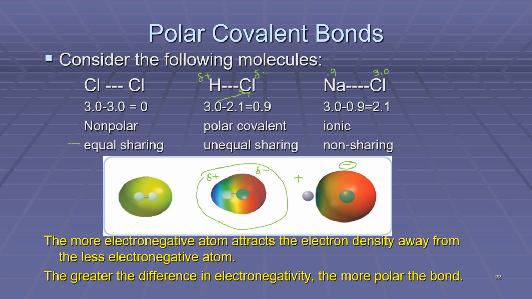So the only reason why they're bonded is because the positive and negative are attracted to each other. There's no sharing at all between the elements. So obviously, the greater the difference in electronegativity, the more polar the bond. In fact, it can get to ionic.